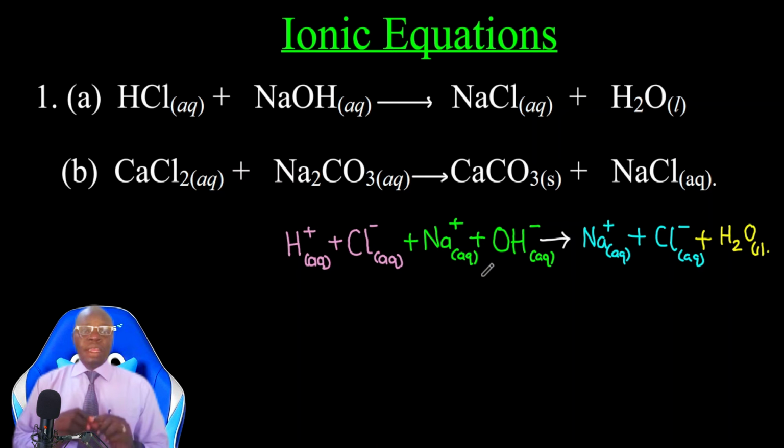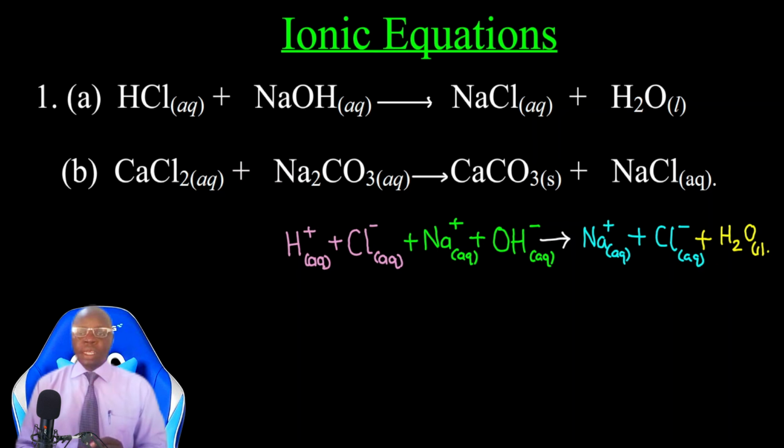Now, having broken them down into their component cations and anions, the next step is to check for the common ions on either side of this equation. When you find ions that are the same, you can go ahead and cancel them away.